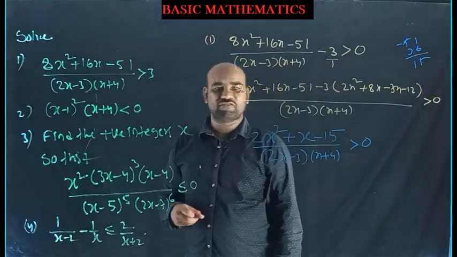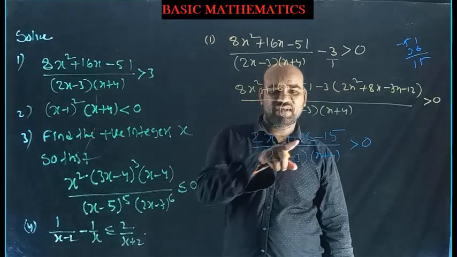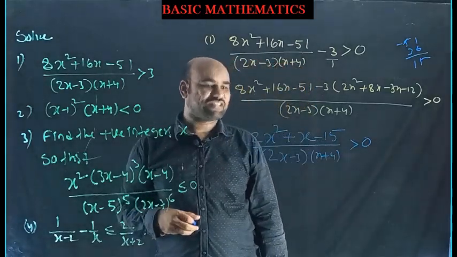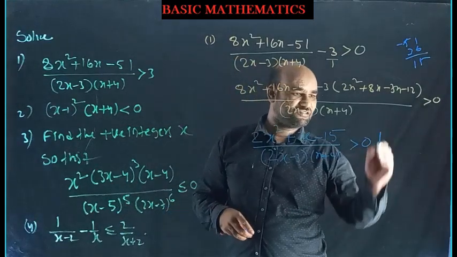Now you want to factorize the numerator. 30 means factors 6 and 5 are there. Okay, I want factors here.